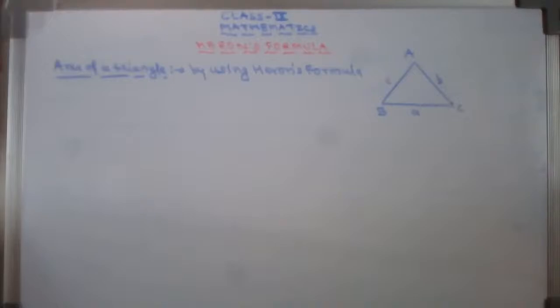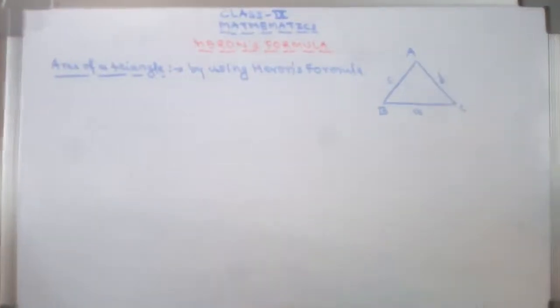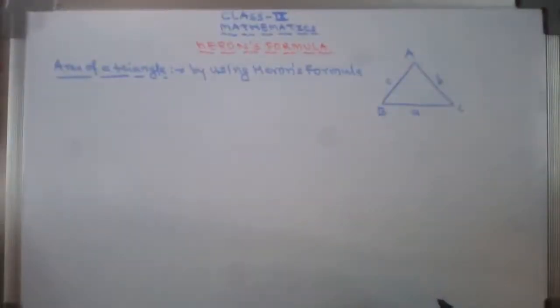Now see how to find the area of the triangle if the height of the triangle is not given to you. The formula which was derived to find the area of the triangle was derived by a great mathematician, Heron, who was born in Alexandria in Egypt.